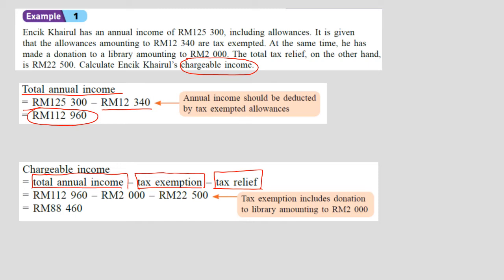Okay, the total annual income is this one. And then your tax exemption, here you can see, you donate to a library. When you donate, it is tax exemption. How much? It is 2,000 here.